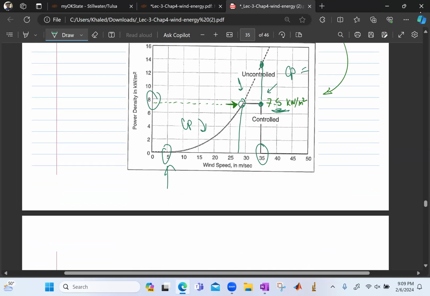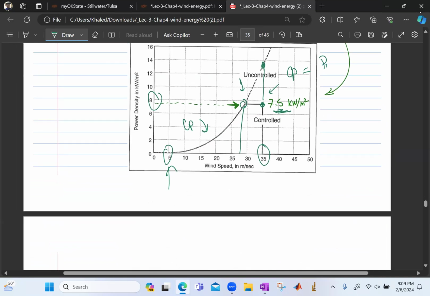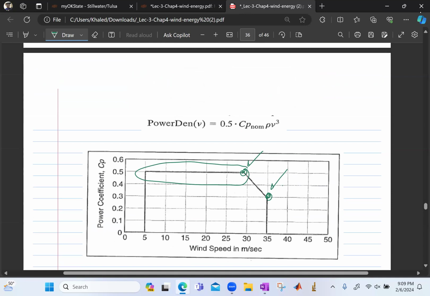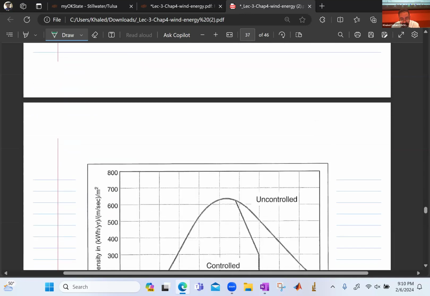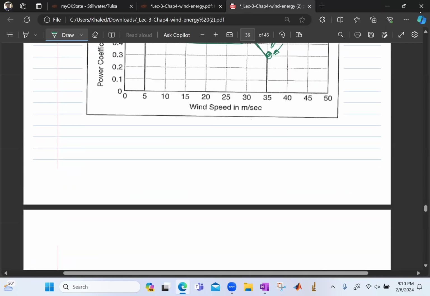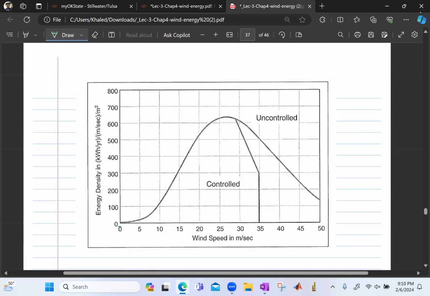CP is always P out over P input. Right? So that's how you come up with this number. Between the max and the minimum, you just draw a straight line like this. Multiplying that CP with the available energy tells you what the turbine will extract.